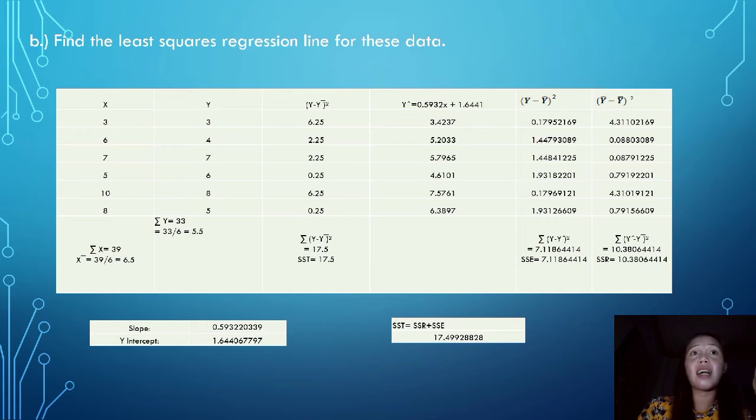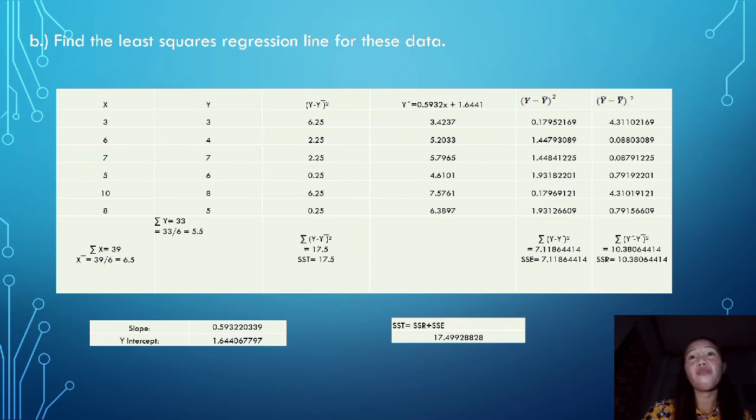The next data, same process as the first data. 4 minus 5.5, then squared, the result is 2.25. Do the process for all data, and to come up with the sum of squared total, add all 6 data, and we come up with the sum of squared total of 17.5.